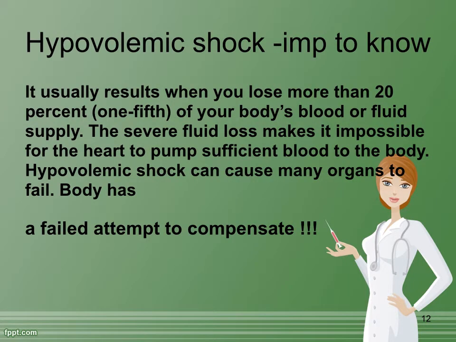Hypovolemic shock results when you lose more than 20% of your body's liquid, like blood or fluid supply. The severe fluid loss makes it impossible for the heart to pump, and then many organs start to fail. When many organs start to fail, that means the body has had a failed attempt to compensate and restore the circulation.